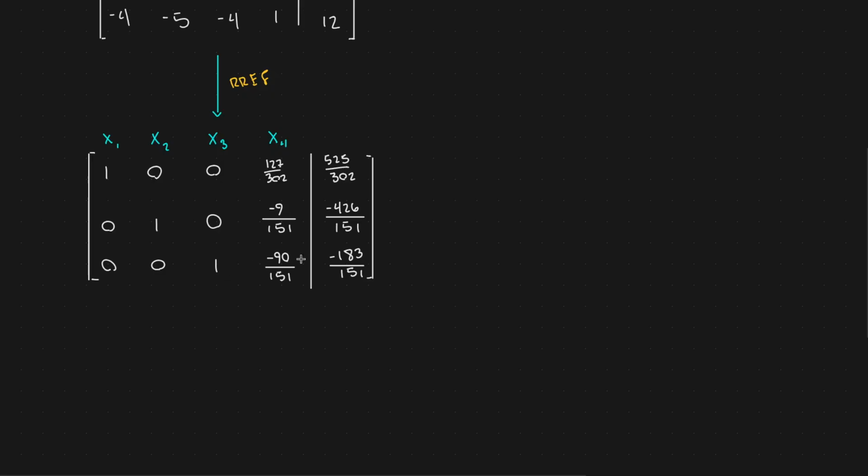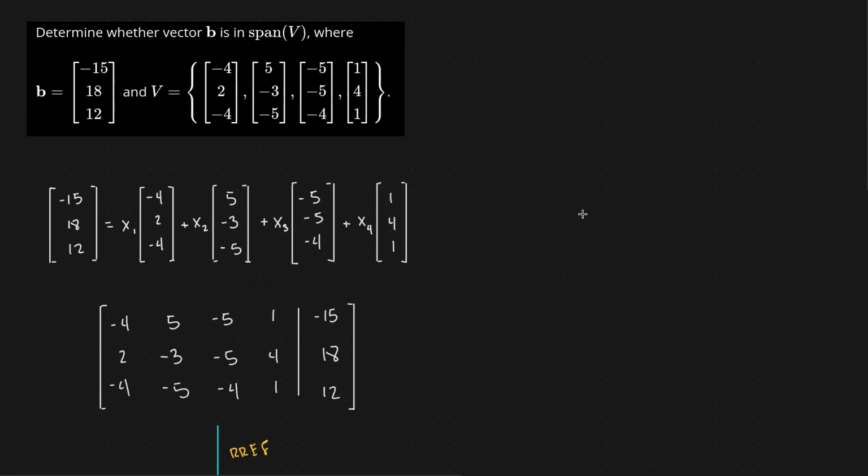We've determined that we do have a solution. The equation has infinitely many solutions. And so before we even know what the solution is, we know that we can express vector b as a linear combination of our spanning set of vectors.